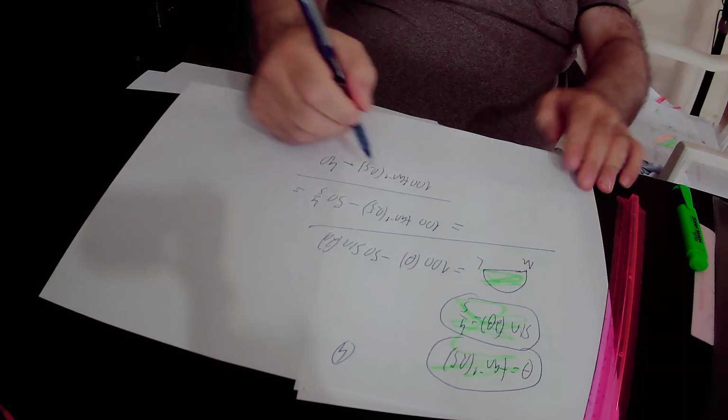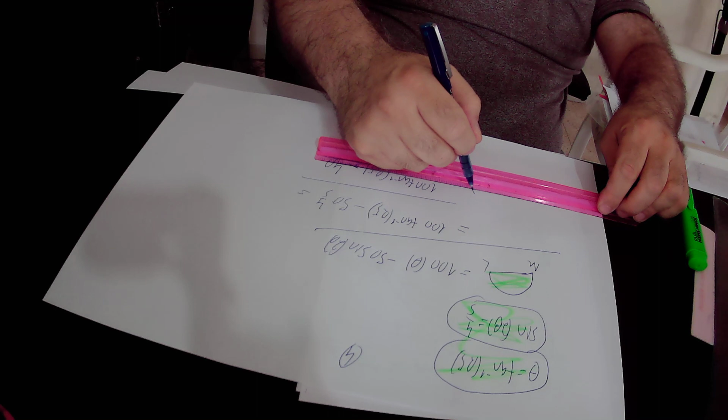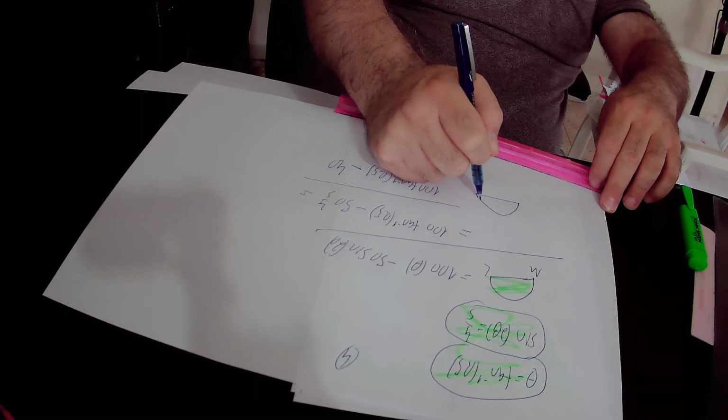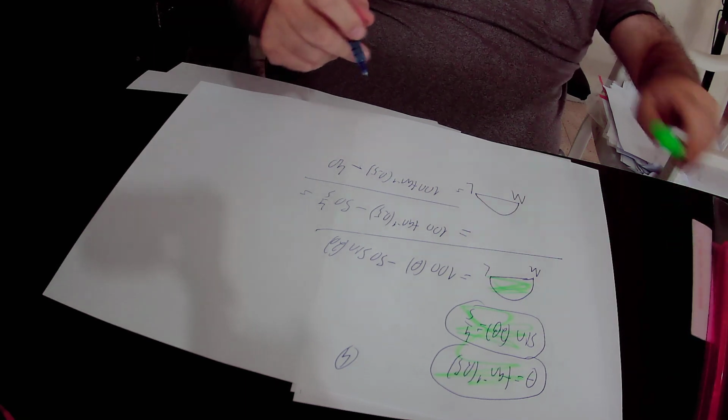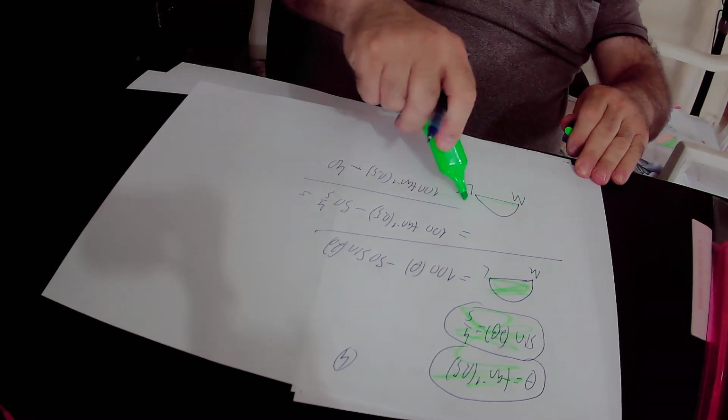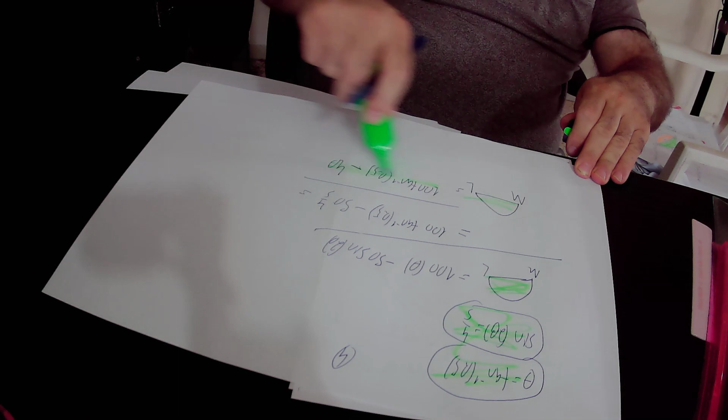So in conclusion, I found out that the area of the upper circular segment ML is equal to 100 times tangent minus 1 of 0.5 minus 40.